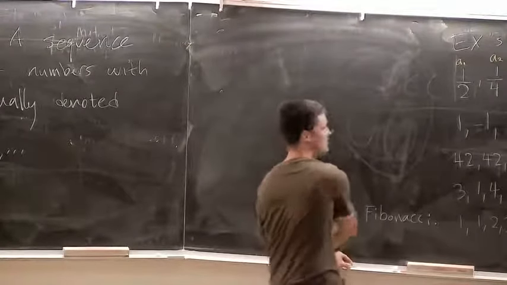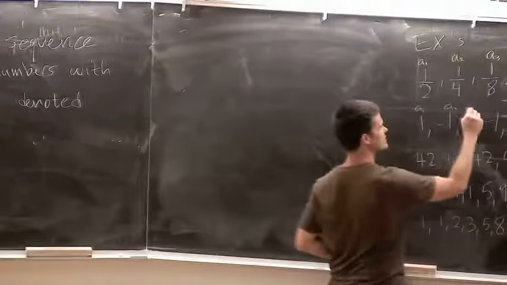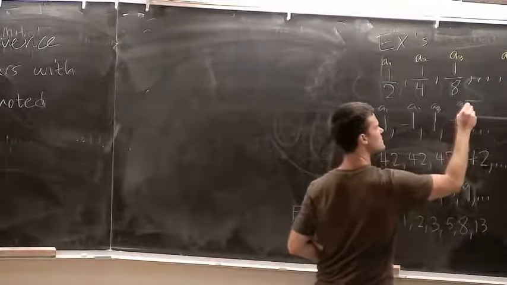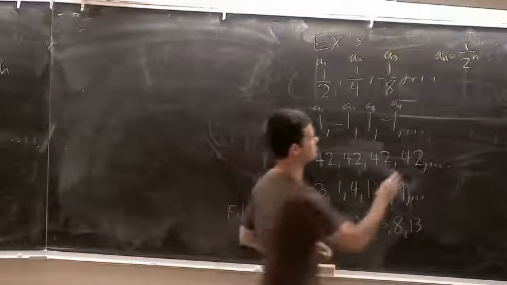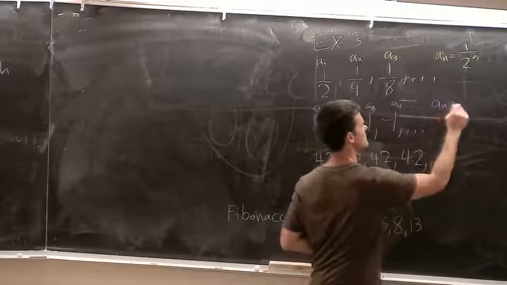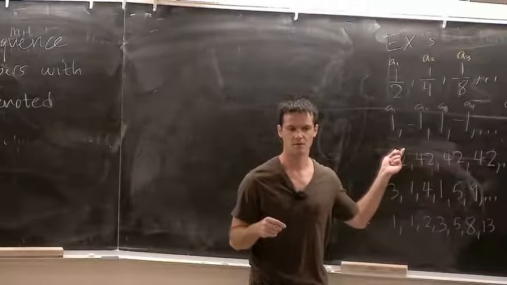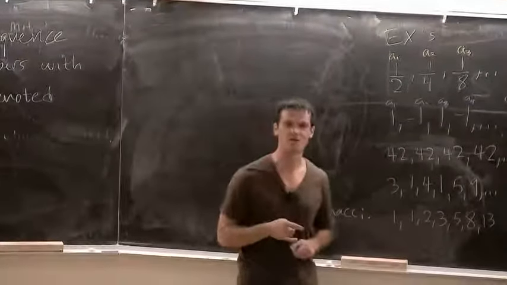How about, does anyone know a formula for this alternating sequence? What's a_n for this alternating sequence? Some people might do it in terms of cosine.